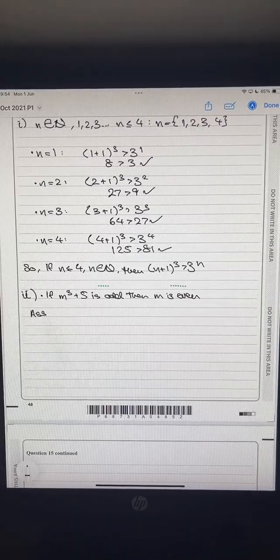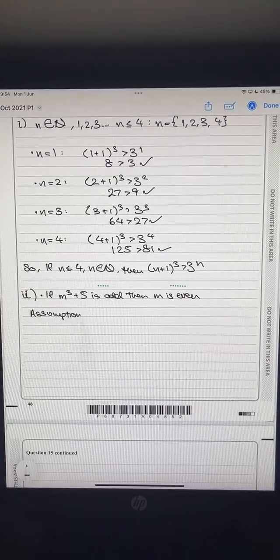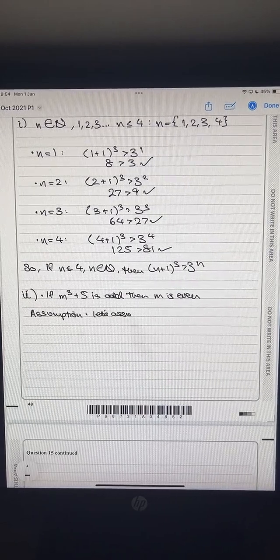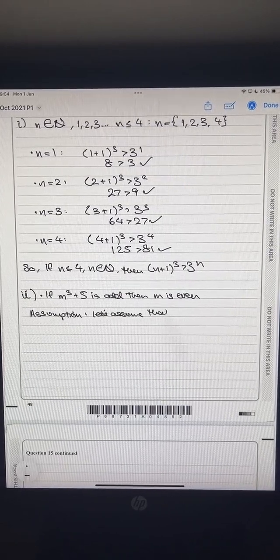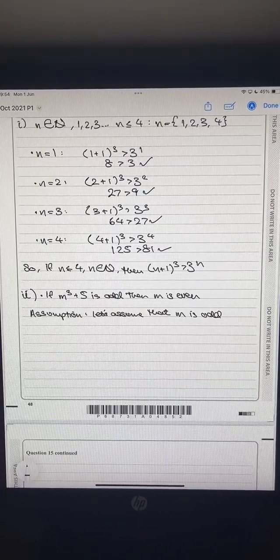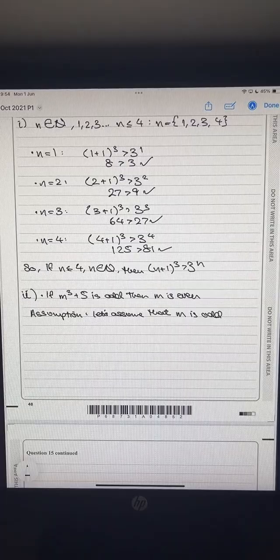So we need to state our assumption first. So assumption, let's assume, there's a lot of writing in proofs, that m is odd. Because they're telling me if this is odd, then m has got to be even. Let's just say m is odd and try and show that this is a contradiction, then indeed m has got to be even.